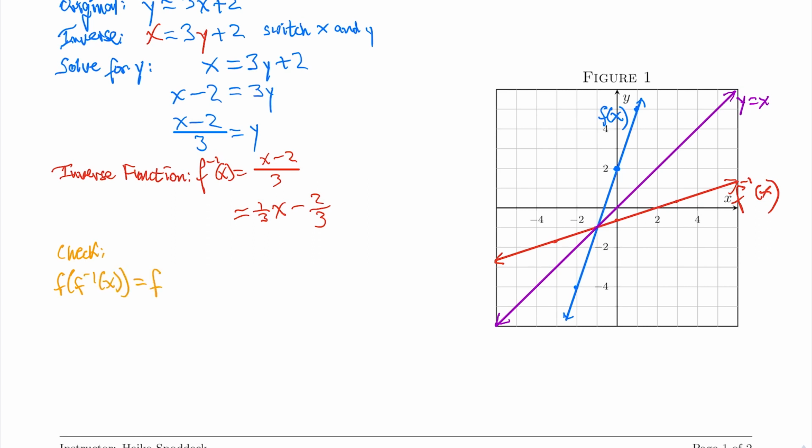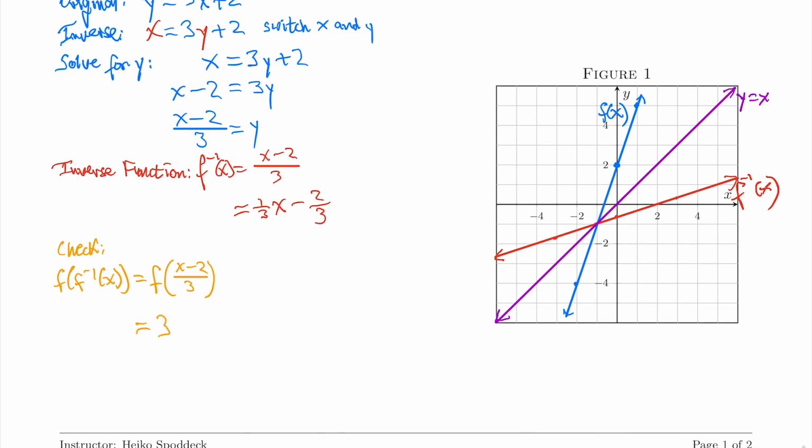That means my inner function is going to be (x minus 2) over 3. And then we plug that in as our x for our outer function, which is our original function. So I get 3 times, and instead of x, I write my output from the other function, (x minus 2) over 3, and then at the end I have plus 2.